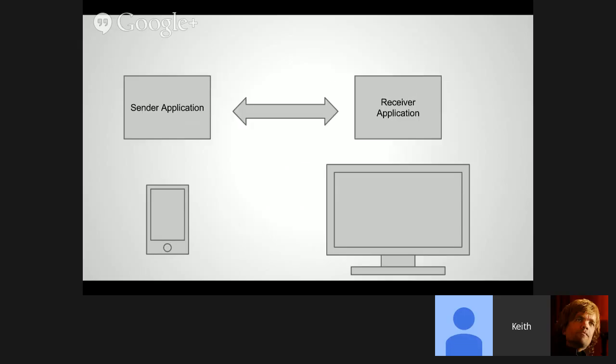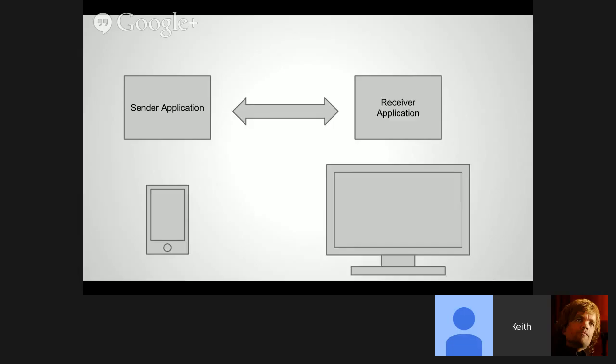So to set up a Chromecast application, you actually need two applications. You need the sender application, which lives on the mobile device, and this could be an iOS application or an Android application. It also runs with Google Chrome on the desktop or Chrome OS, so you can cast from there.